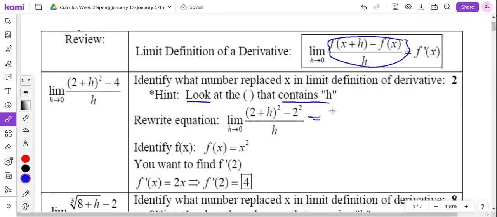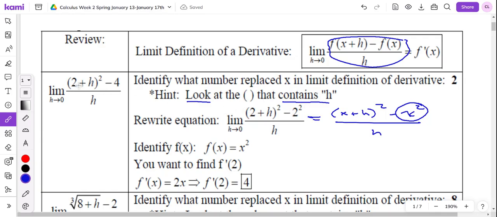If we take that out, we get (x plus h) squared minus x squared over h. So my function really is x squared, because I'm plugging in 2 and squaring it.